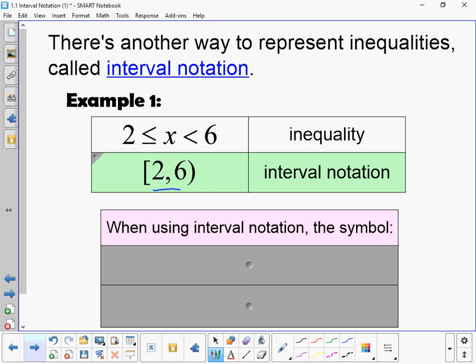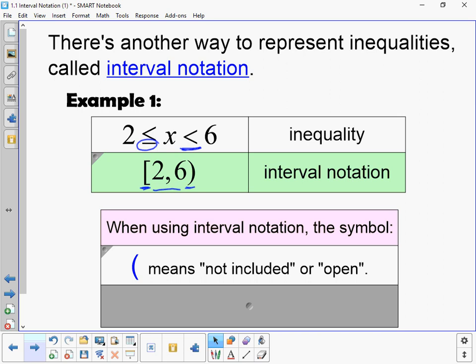On the left side, since that could be equal to 2, we use the square bracket. That means that the 2 is included. And on the other side, it can't be equal to 6, so we use this parenthesis to show that the 6 is not included in the interval. So this is saying it's the interval from 2 to 6, including 2, not including 6.